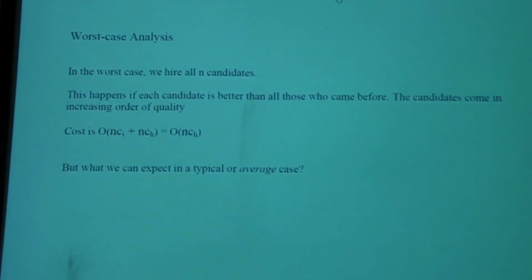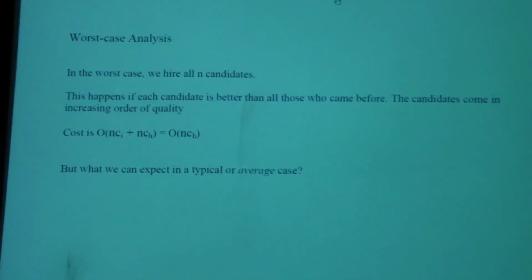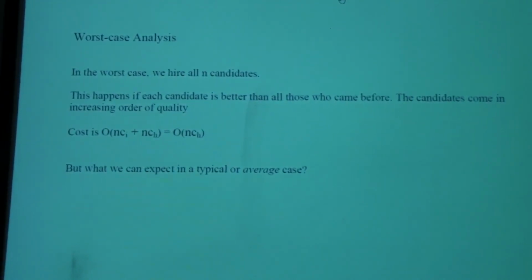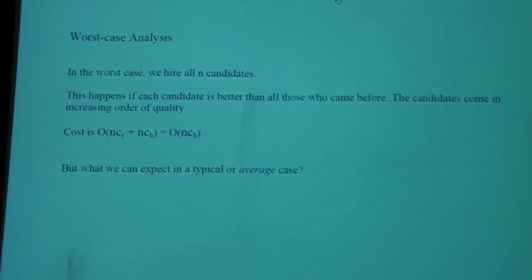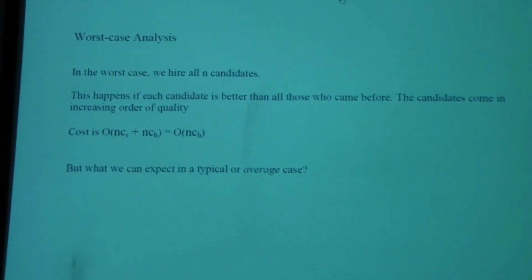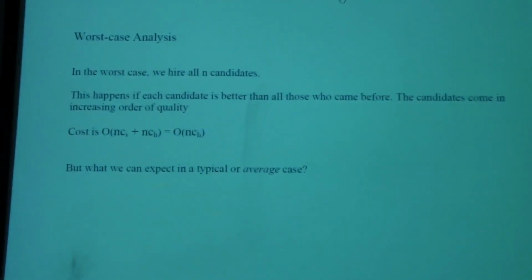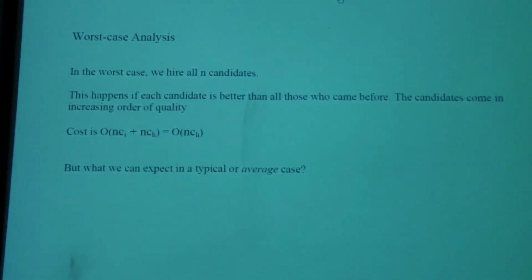The probability that I get hired as the third person is the probability that I'm the best out of 3. And what's the probability of being best out of 3 from a random sample? 1 out of 3. As we go to the person further and further down, what's the probability that we'll hire the 20th person? 1 out of 20. So your probability of being hired is decreasing. It goes from 100% to 1/2, 1/3, 1/4.